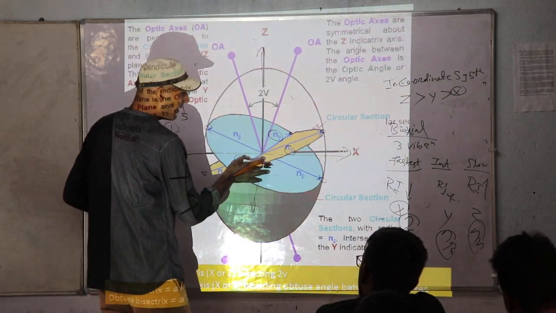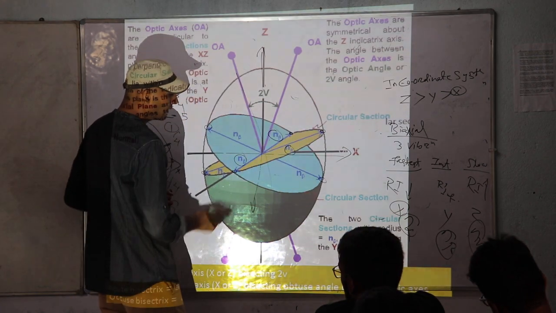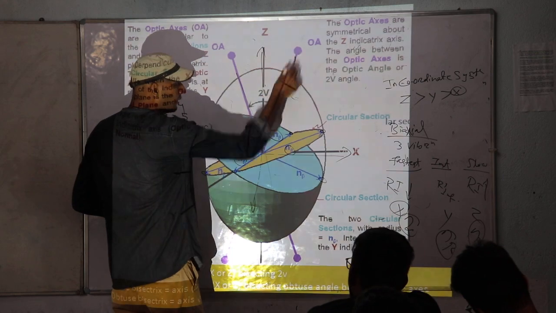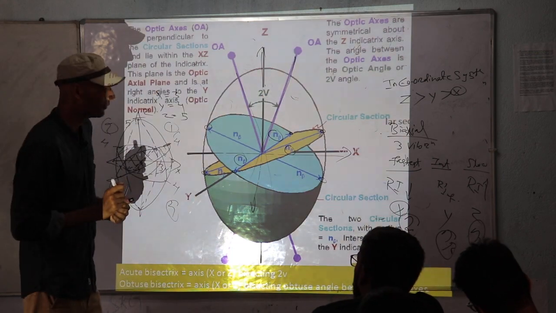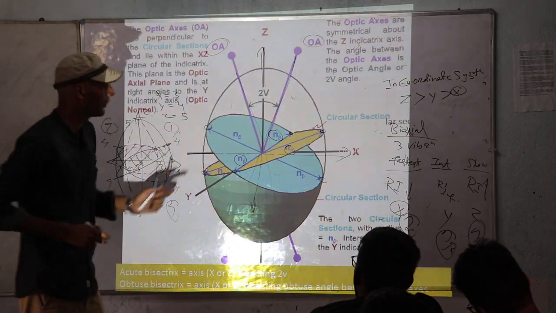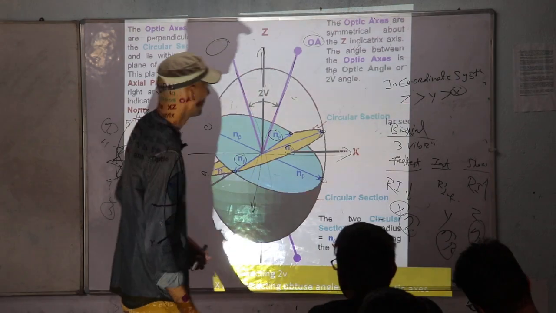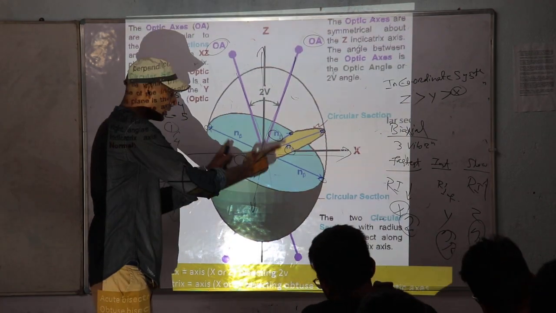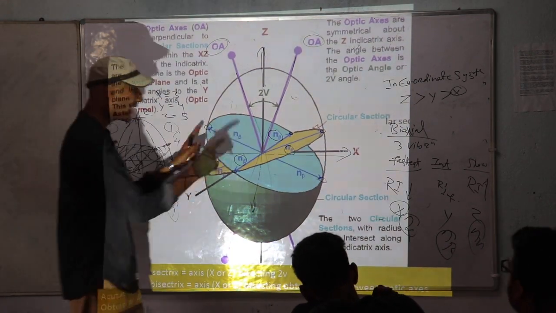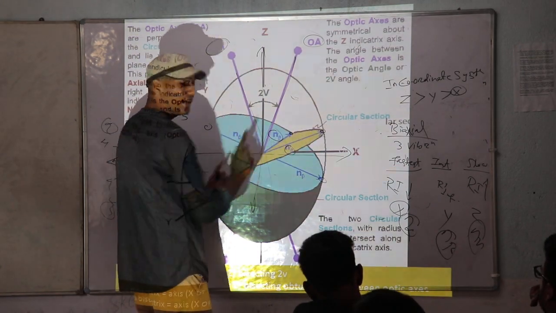So you can see here, if I take a perpendicular to this section, this will be a perpendicular. If I take a perpendicular to this section, this will be a perpendicular. So this is one optic axis, this is one optic axis, because I am getting an optic axis perpendicular to the circular section. So we are getting 2 optic axes perpendicular to 2 circular sections that are drawn by taking opposite quadrant values and y.